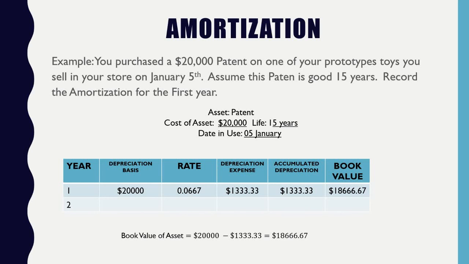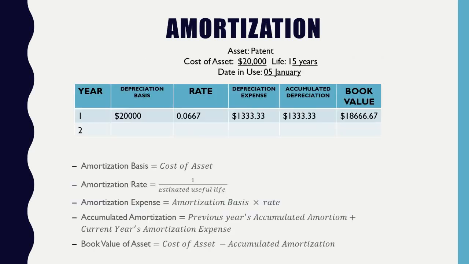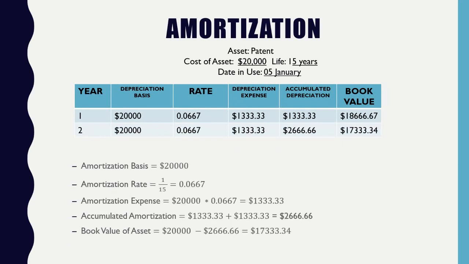Because at the end of the day, when you have to renew it, it's lost its value already. You need to go and put extra value into it. Okay, so there you go. So it's now $18,666.67. So again, how do we do the rest? Straightforward. If we could do one, you could do the rest for the rest of the years.